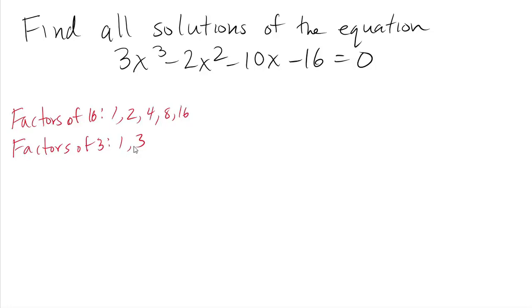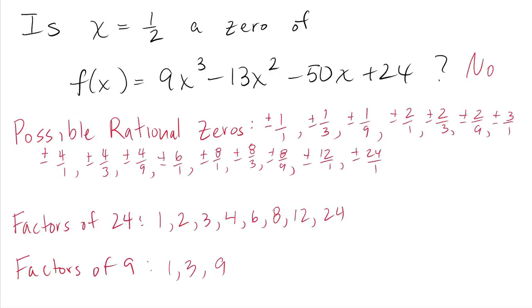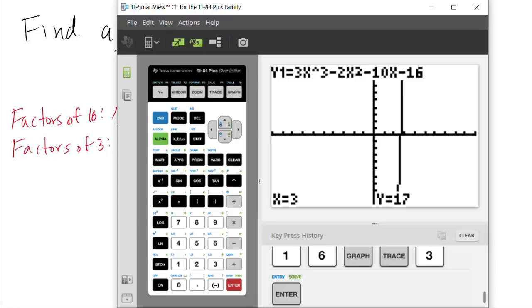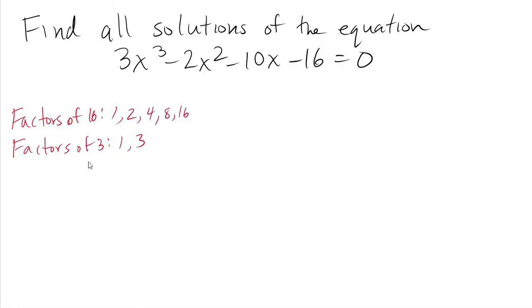Now, in previous examples, we made this ridiculous list of all of the possible rational zeros, but let's be a little more realistic here. We've already determined that the solution we're looking for is between 2 and 3. I want you to find all of the fractions you can create that are between 2 and 3, where the numerator comes from the first list and the denominator comes from the second list.